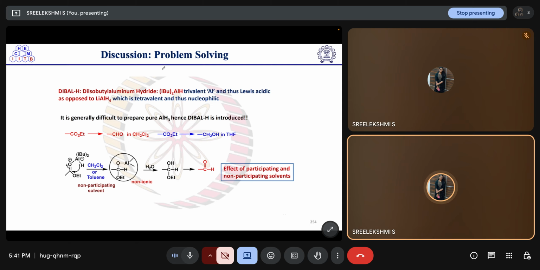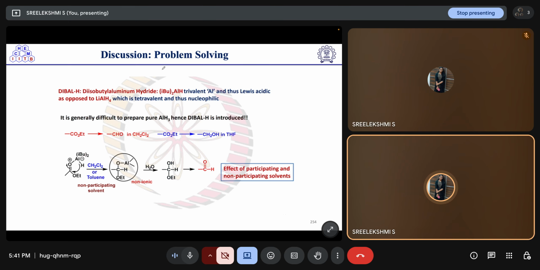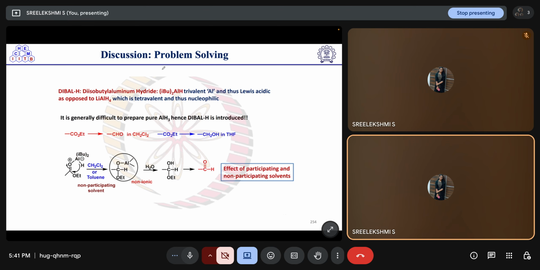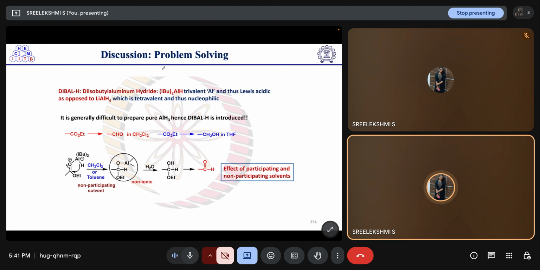So here we can control the reaction by using DCM or THF, where DCM or toluene will be acting as a non-participating solvent, but THF will be a participating solvent, and it will help in stopping the reaction at the alcoholic stage. If we are using DCM or toluene, we can stop the reaction at the aldehydic stage.